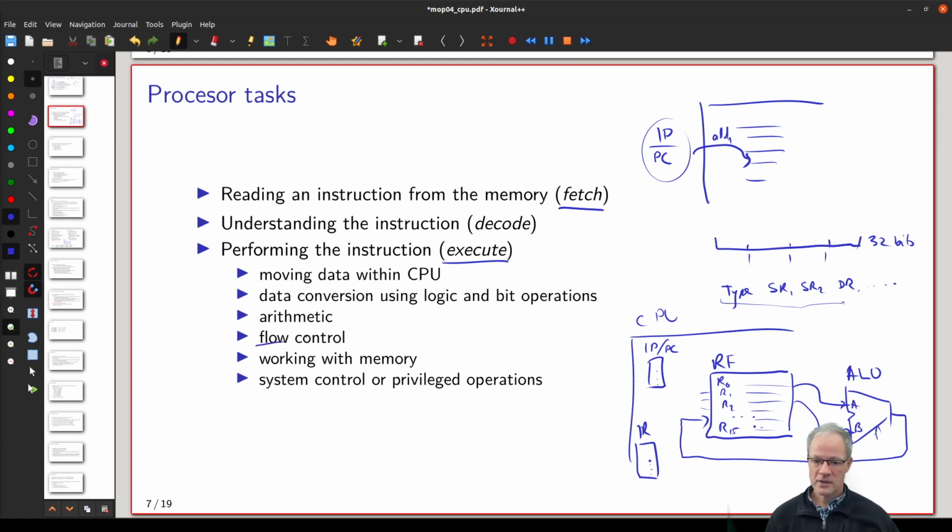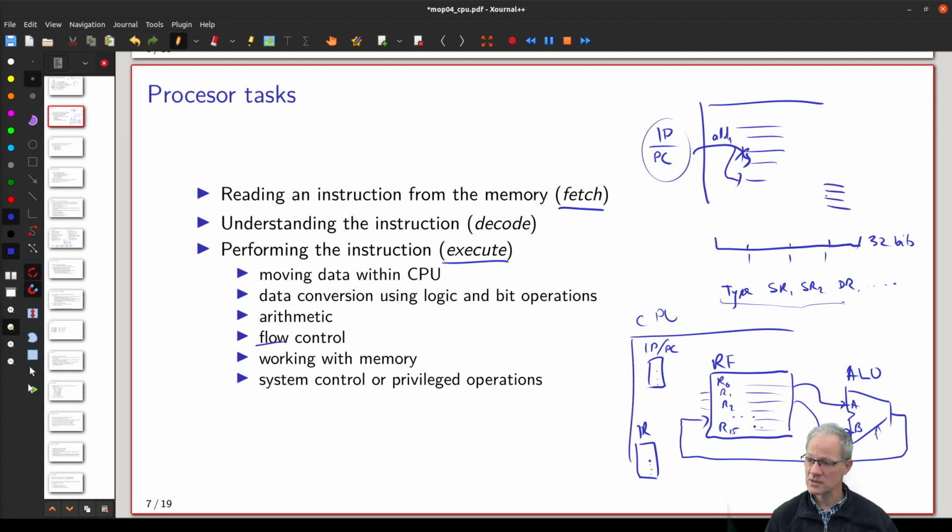So flow control is another thing that can happen. What that means is that by default, the program counter is going to skip to the next instruction after this instruction has been executed and read the next one, right? But sometimes we want to do loops where we jump back and iterate over some piece of code again and again, or call a subroutine, so jump to some other location.